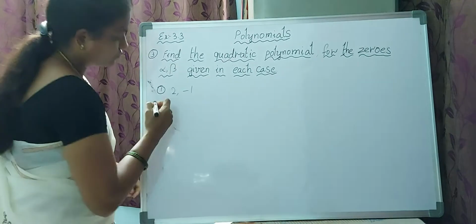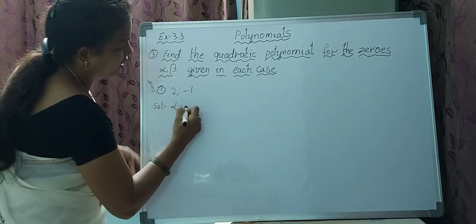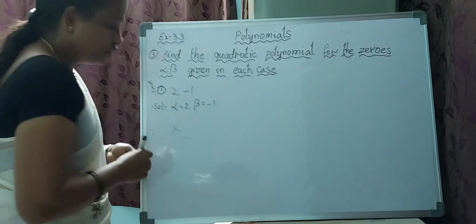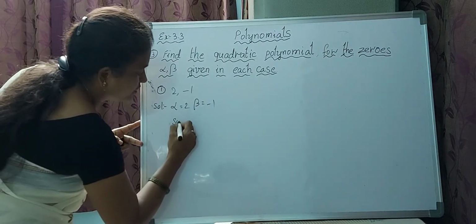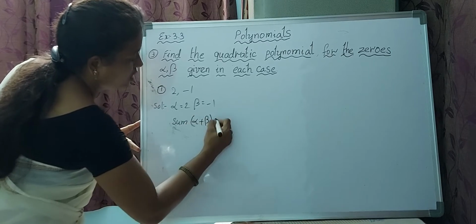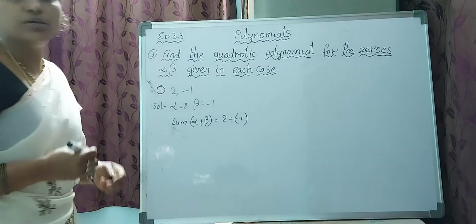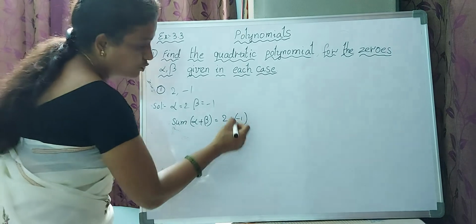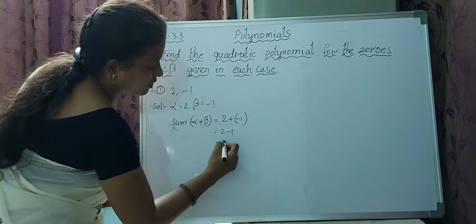First, assume this as alpha and beta. Alpha is equal to 2, beta is equal to -1. So alpha plus beta, that means the sum of the zeros, is 2 plus (-1). Whenever there is a minus, you have to use brackets. 2 minus 1 is 1.